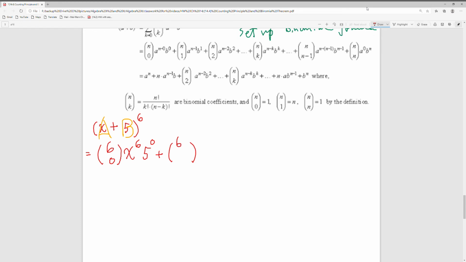Let me make it smaller to save space. 6 choose 1 means x you only choose 5, and the 5 you choose 1.